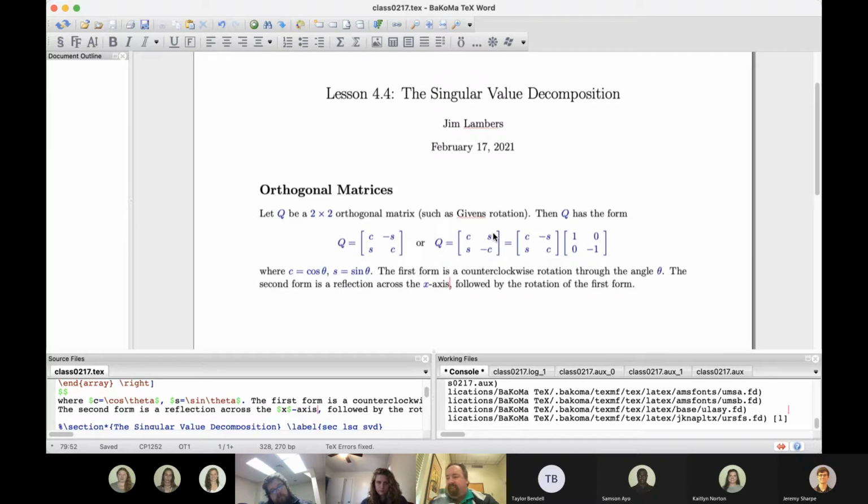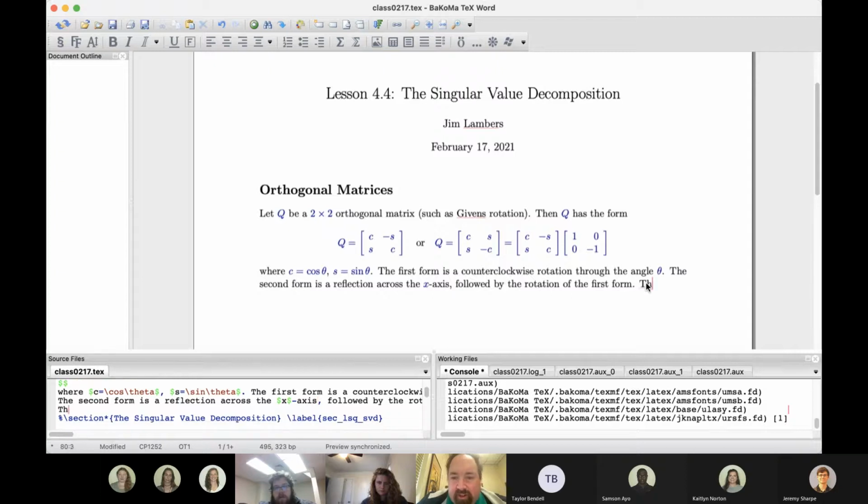Based on these choices of negating things, or choosing a plus or minus, that leads to these two different options.